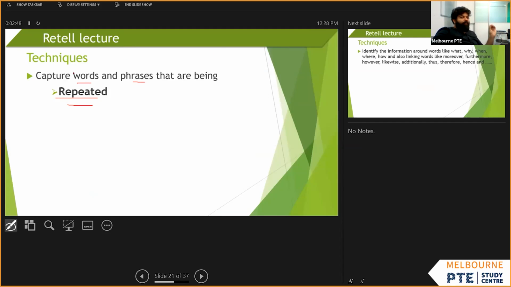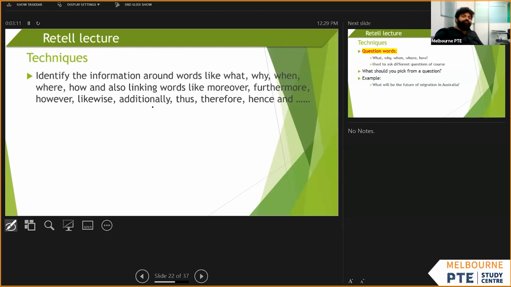Now remember this, in both the slides, I'm asking you to capture words and phrases, not sentences. Capturing sentences is quite difficult and not required as well. You don't have to do that. You just try to capture words and phrases. Let's have a look at the next technique. Read this one first, then I will explain.